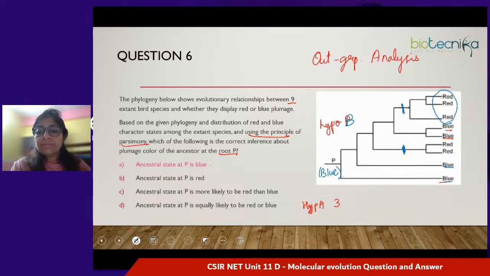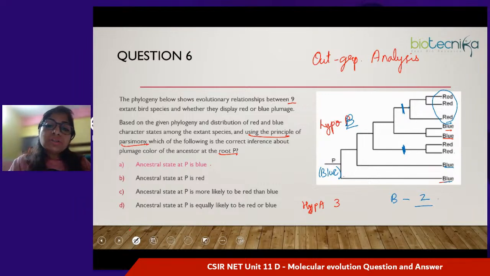According to hypothesis B, how many times has red evolved? Only two. So according to maximum parsimony, which hypothesis or tree is the most probable one? The one with the least number of evolutionary events. Since hypothesis B has the least number of evolutionary events, it is most likely.